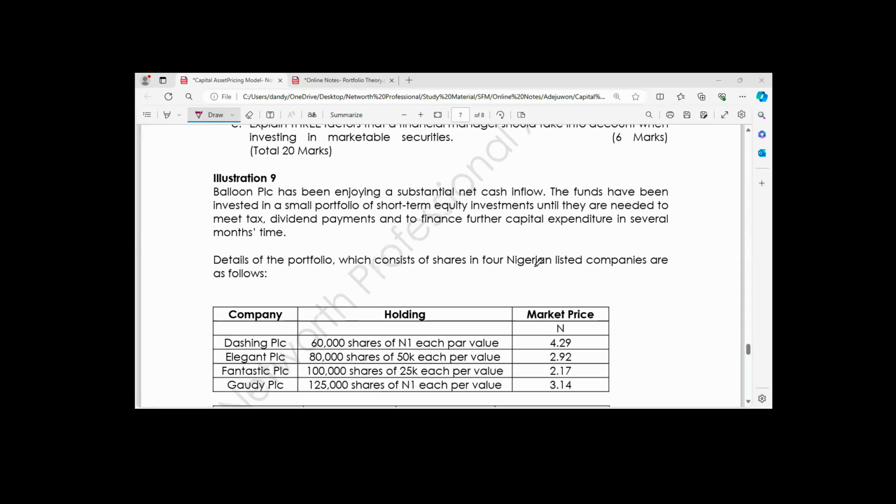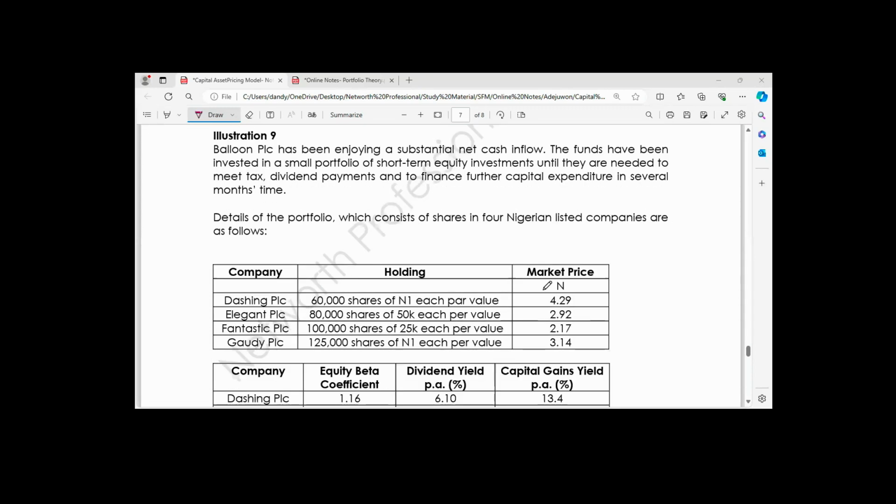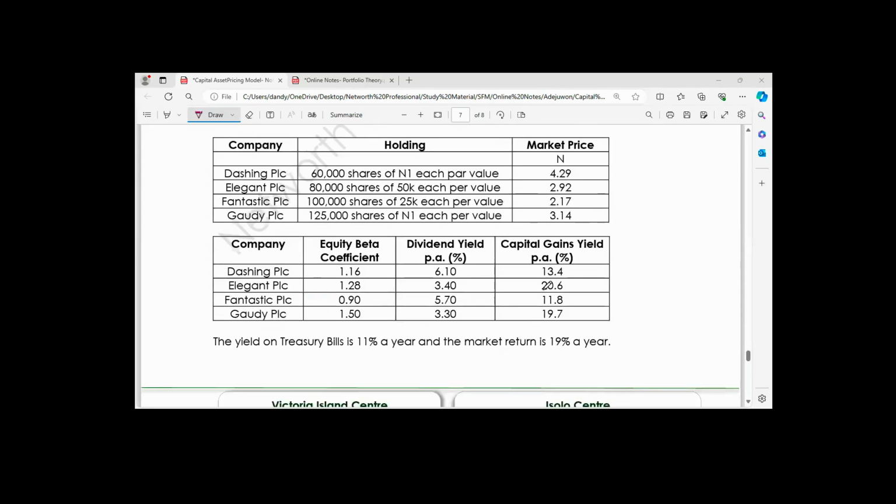The funds have been invested in a small portfolio of short-term equity investments until they are needed to meet tax, dividend payments, and to finance further capital expenditure in several months' time. Details of the portfolio, which consists of shares in 4 Nigeria-listed companies, are as follows. The companies: Dashing PLC, Elegant PLC, Fantastic PLC, and Gaudi PLC.